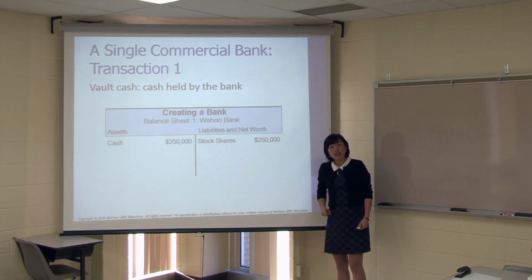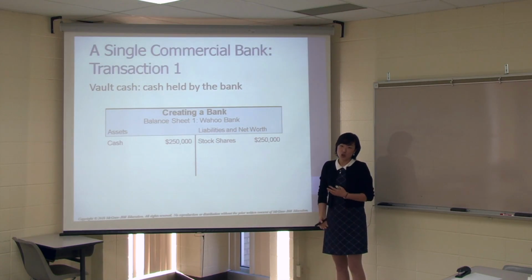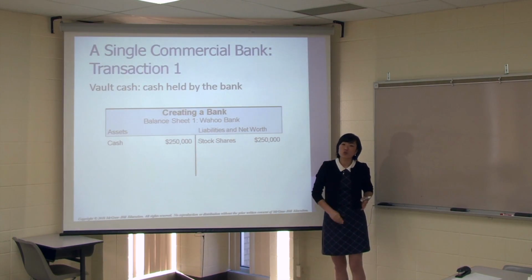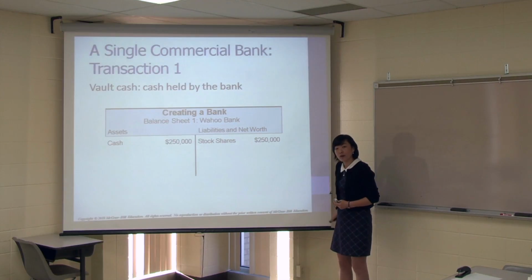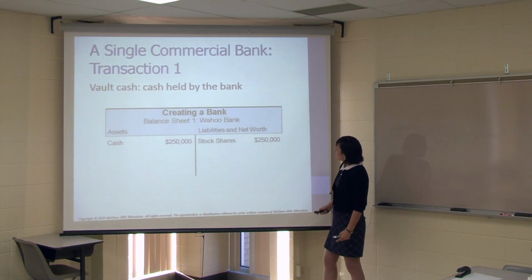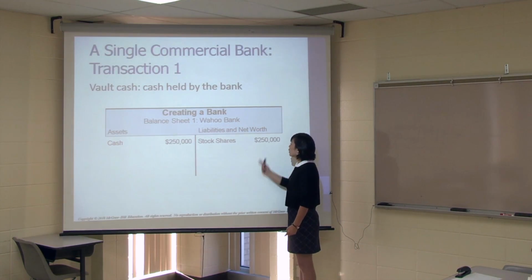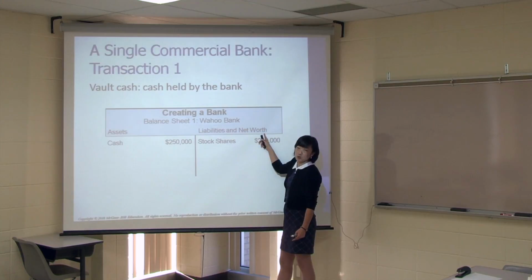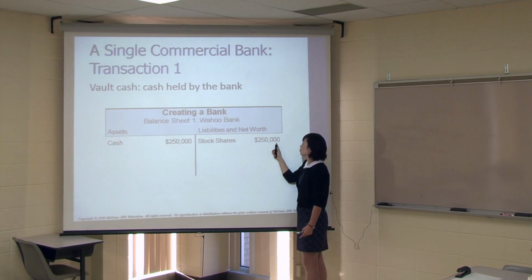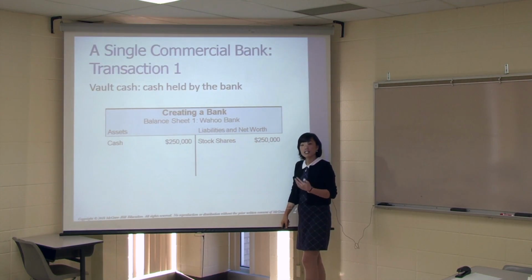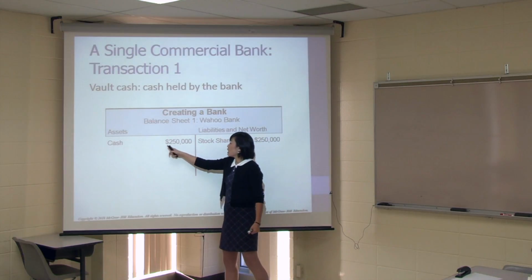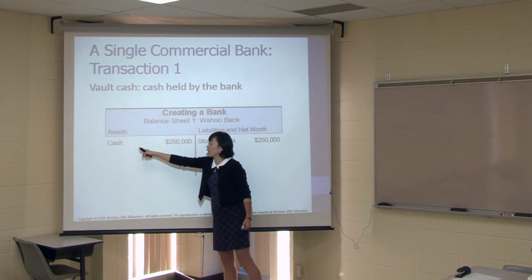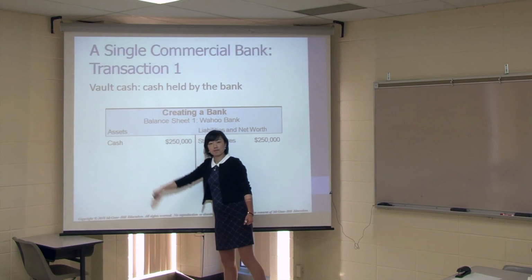What we can do is start issuing our stocks to whoever is willing to invest in our commercial bank. If we do find some people willing to purchase, then these stock shares will be our net worth, which means we owe those investors $250,000. At the same time, we get $250,000 cash as our assets.